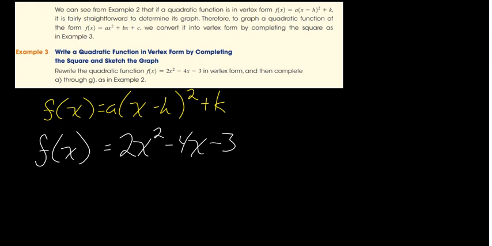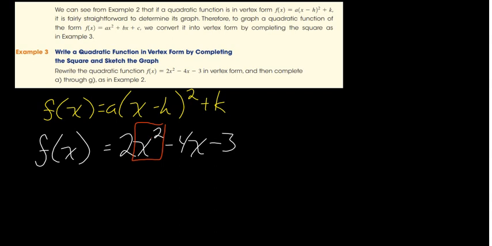So how can I figure out how to convert what's in the white to what's in the yellow? Again, like I said, it's going to be completing the square. I know that when we did the complete the square process, the value in front of the x squared must be 1.